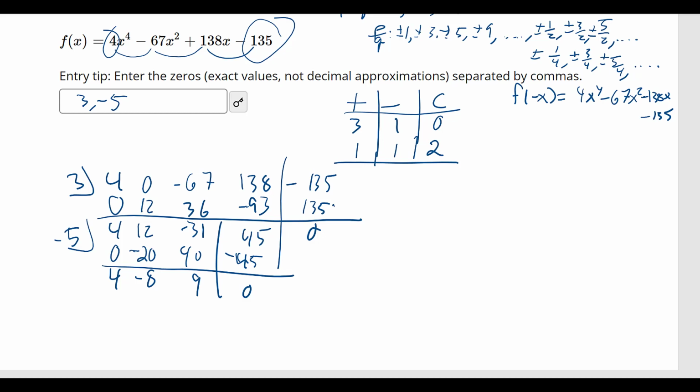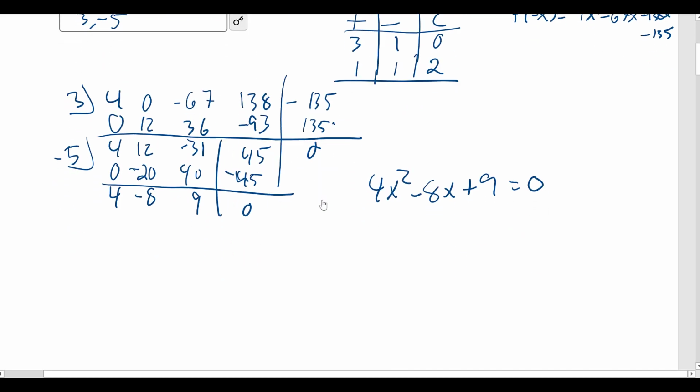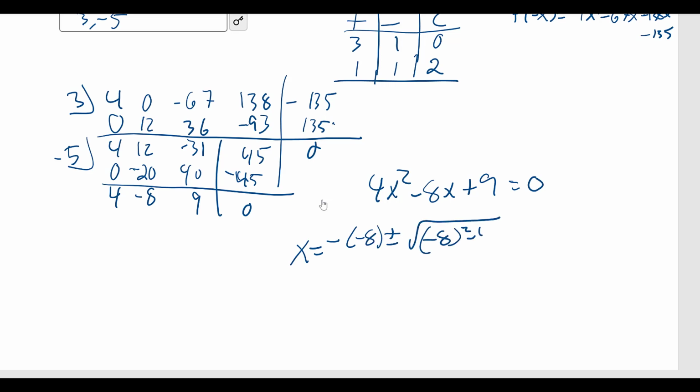Now what's left is 4x squared minus 8x plus 9. If we set that equal to 0, we can use the quadratic formula. So it would be x equals negative of -8 plus or minus the square root of -8 squared minus 4 times 4 times 9, all divided by 2 times 4.